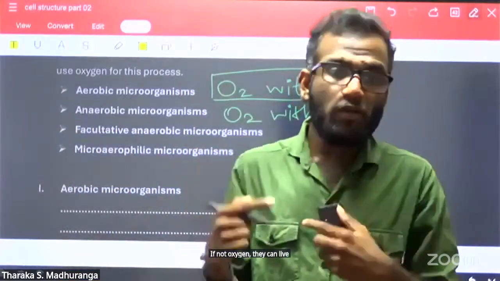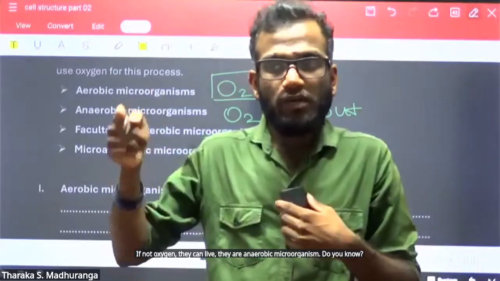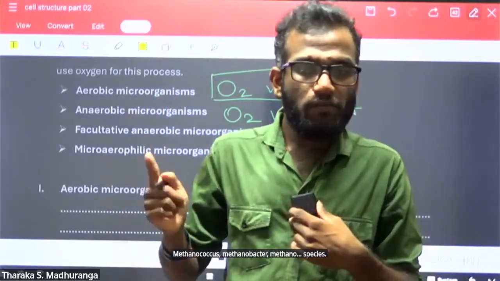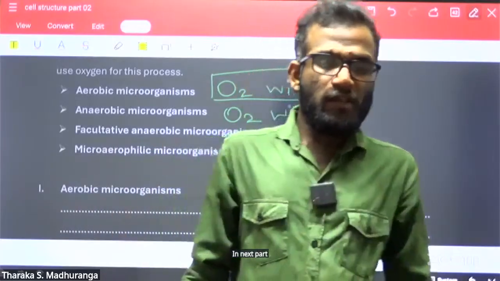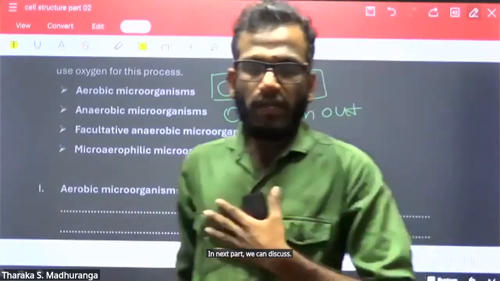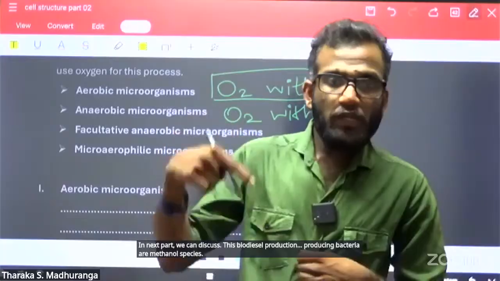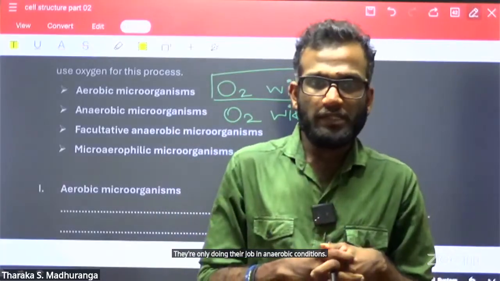Do you know methanococcus, methanobacter, the methano species? These microorganisms we use for biodiesel production. In the next part we will discuss biodiesel production; the producing bacteria are methano species. They only do their job in anaerobic conditions.